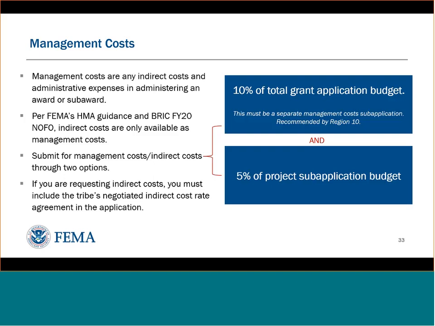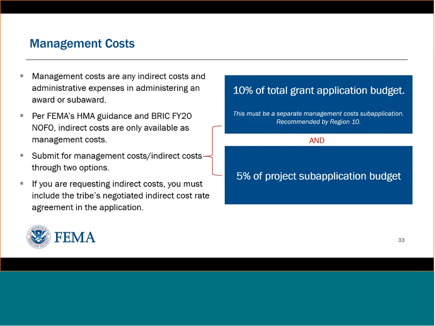If you are interested in submitting for management costs or indirect costs, there's two ways to do that. You can either submit it as a separate application, and that would be its own sub-application. If you do that, that's 10% of the total grant application budget. So again, this must be a separate management cost sub-application, and that's what we recommend because you get that larger percentage.